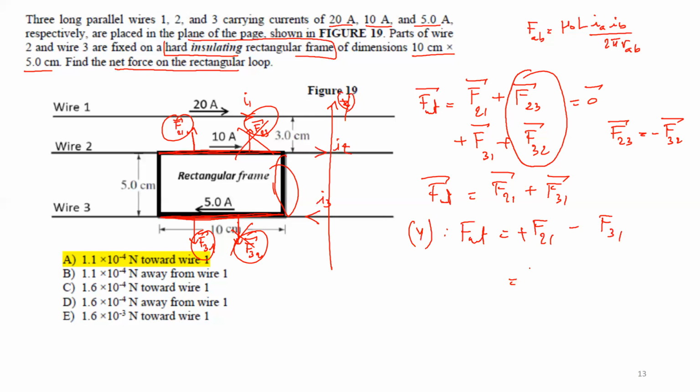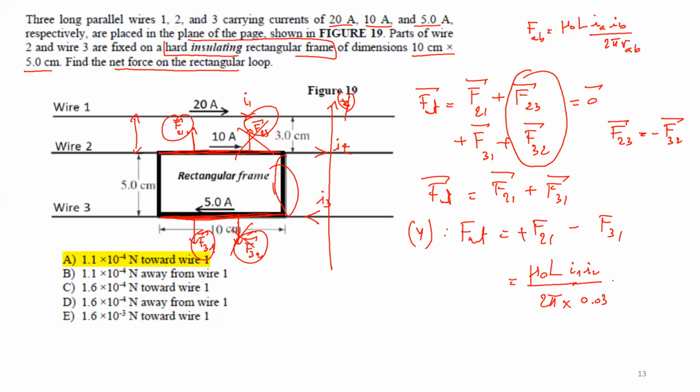Well, it's mu naught L divided by 2 pi, times I1, I2, and the distance. What is the distance between them? Of course, the distance between 1 and 2 is this distance, 3 centimeters. So 0.03.